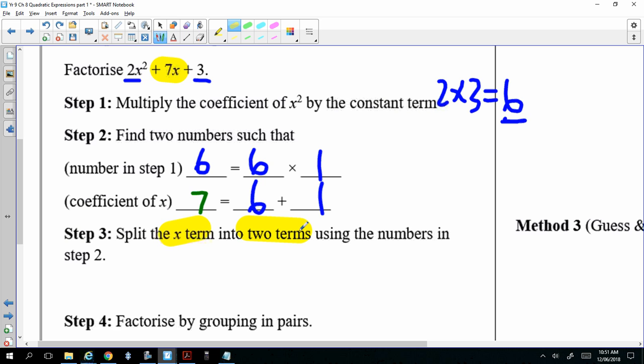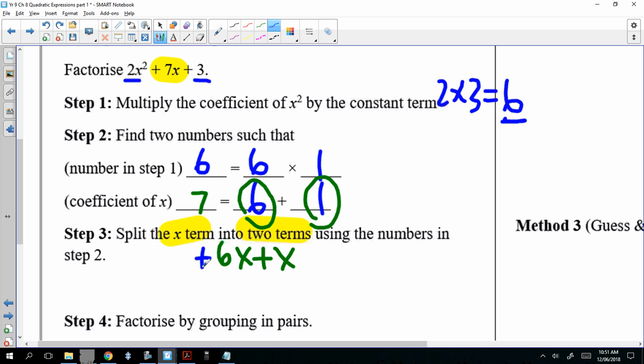I'll split it into the 2 numbers I've just found, the 6 and the 1: 6x plus x, then the 2x squared in front, and the plus 3.